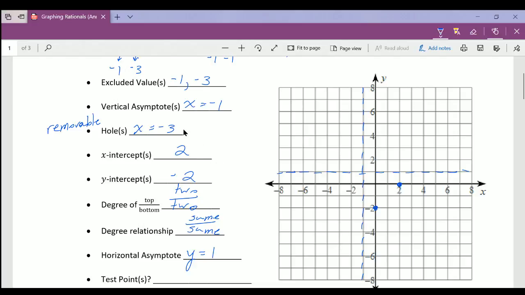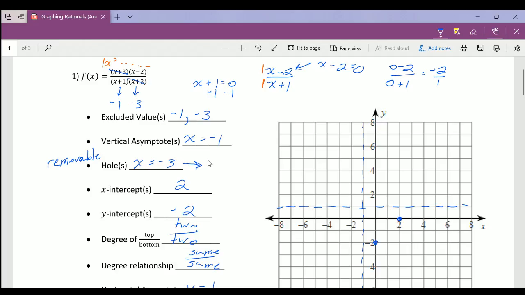For the hole, I want to go to the reduced expression here. So we're going to do negative 3 minus 2 over negative 3 plus 1. Okay, that's going to be negative 5 over negative 2, or in other words, positive 5 halves.